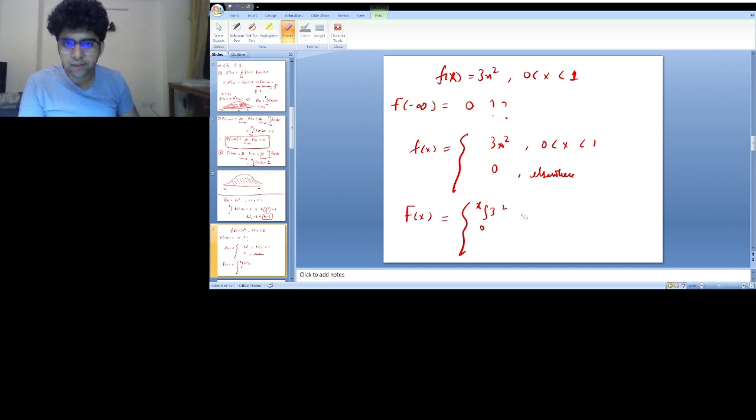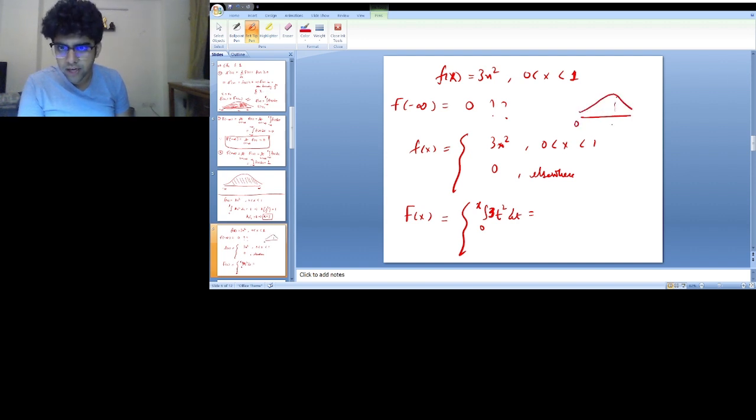We write t inside, and we write x in the limits, so that we don't get confused or make any mistake while putting in the limits, right? This is the only reason why we write 3t square dt inside the integral, and outside in the limits we write 0 to x. So this is just the lower limit till any point x.